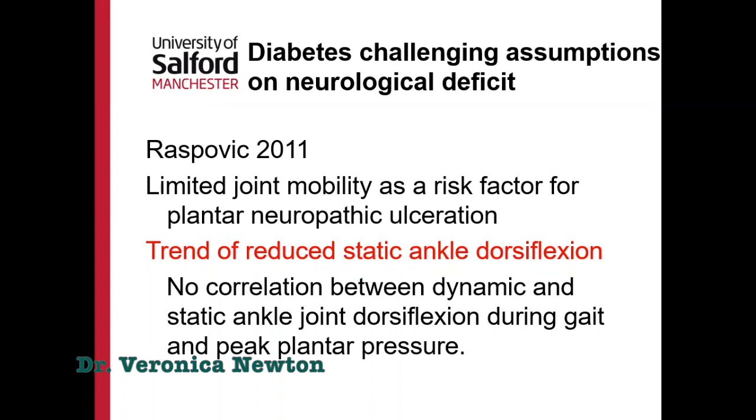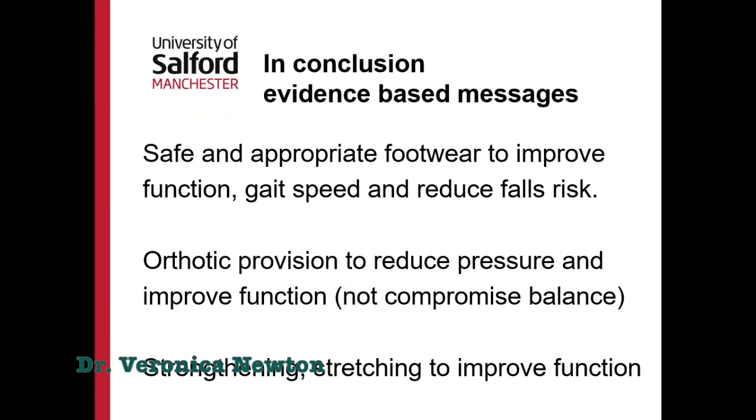The study here about 10 years ago found that actually there was very little correlation between dynamic and static ankle joint dorsiflexion and peak pressure. Therefore, it may be that further research needs to look at measurement of joint mobility using other joints other than the ankle, which clearly brings its own challenges.